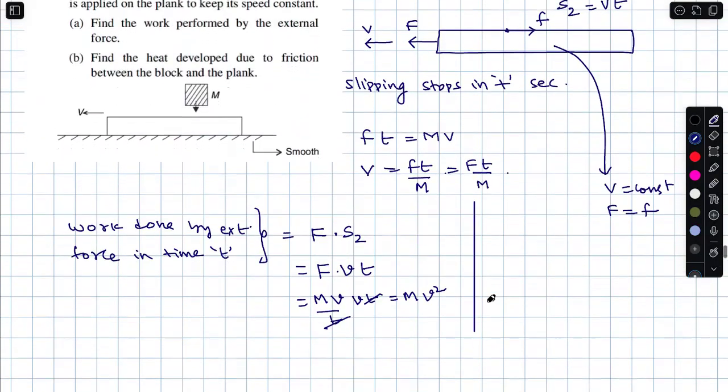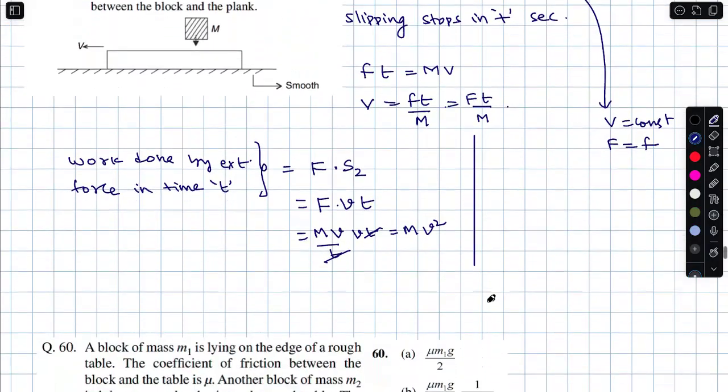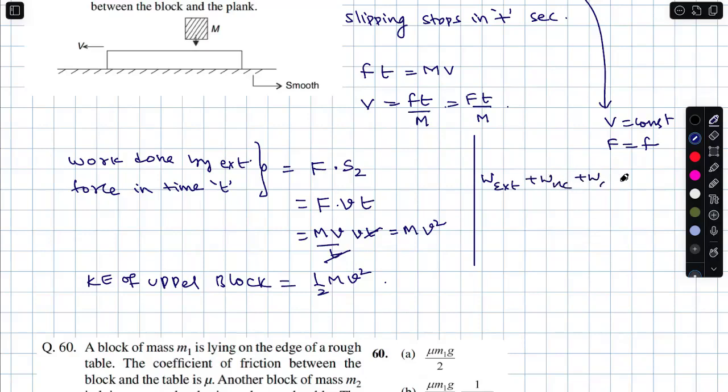By the way, what is the heat developed due to friction between the block and the plank? I can easily answer this. Kinetic energy of upper block is simply half mv square. Correct? Total work done is half mv square. Work done by external agency plus work done by non-conservative force plus work done by conservative force is change in K. Work done by external agency is mv square.